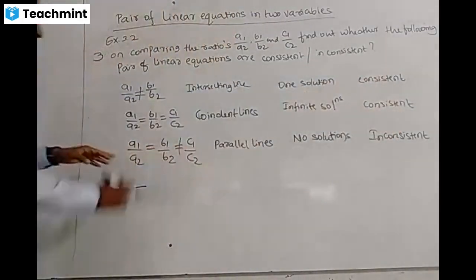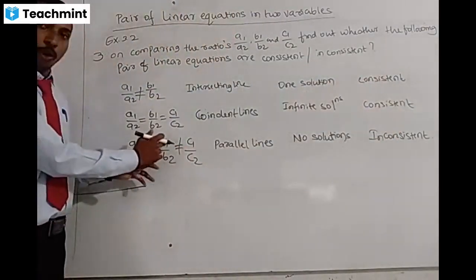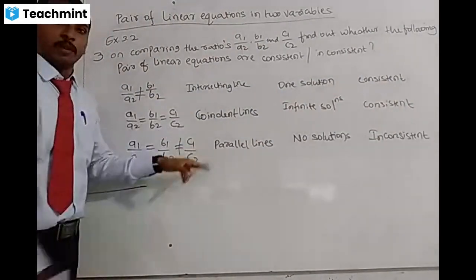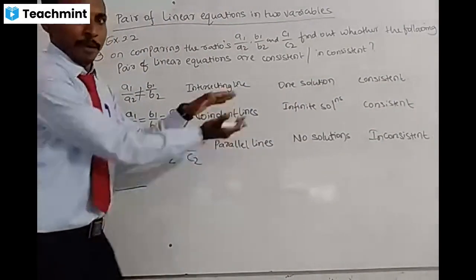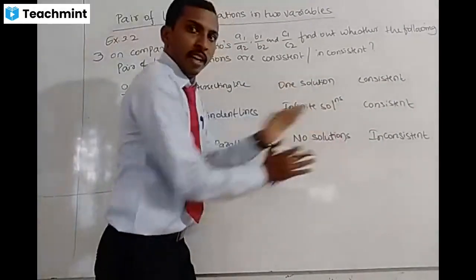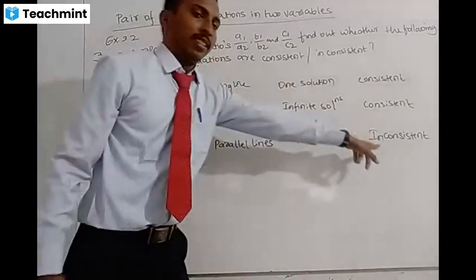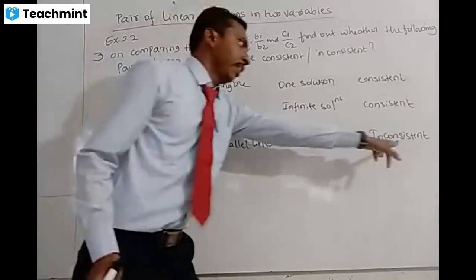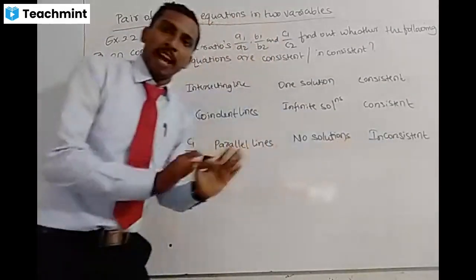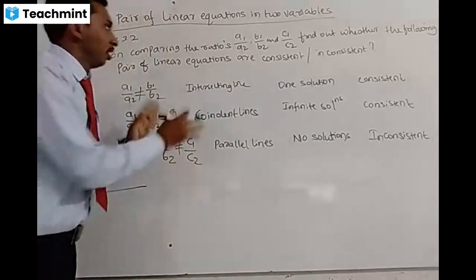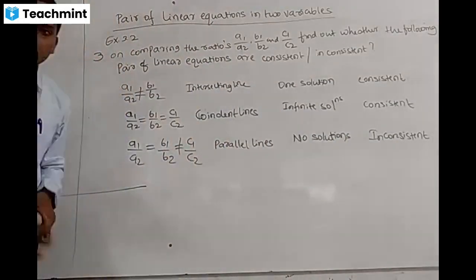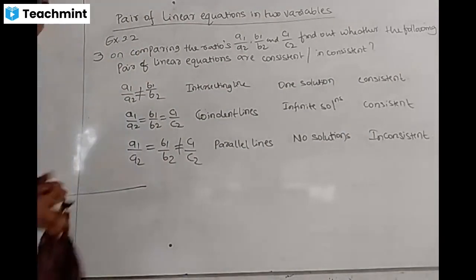If A1 by A2 equals B1 by B2 but is not equal to C1 by C2, the lines are parallel, they don't have any solution, and the pair is inconsistent. This much we discussed in the previous class. So by this, let us solve question number 3 of exercise 3.2.